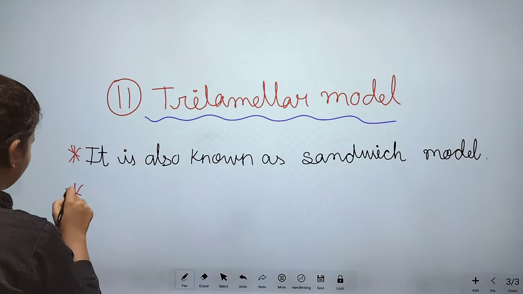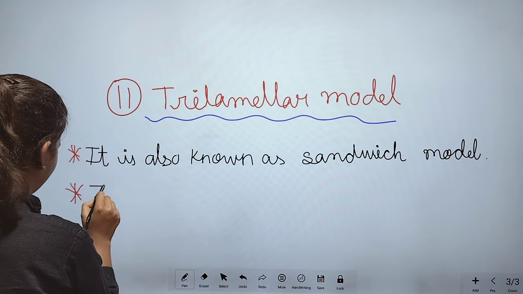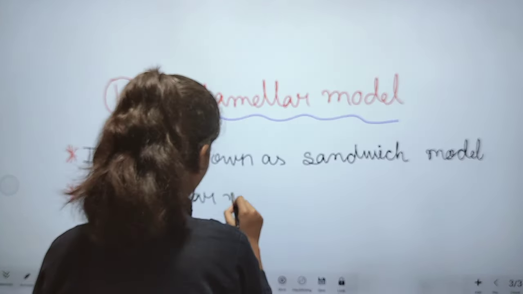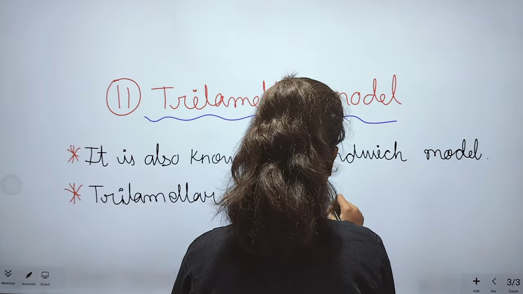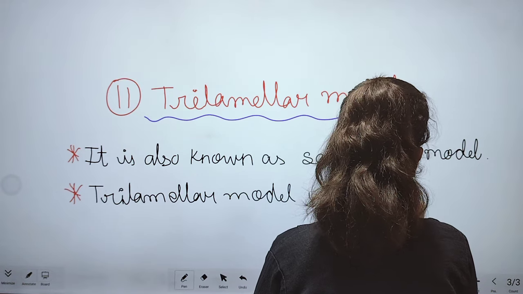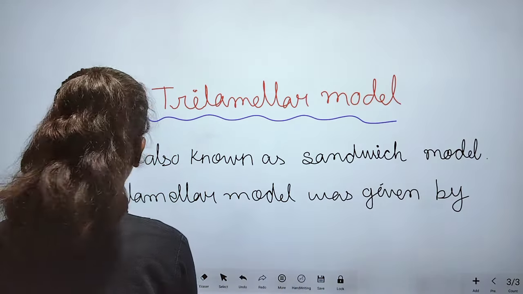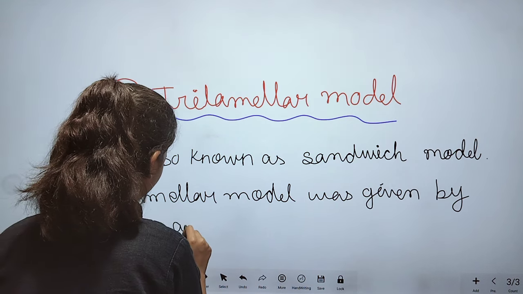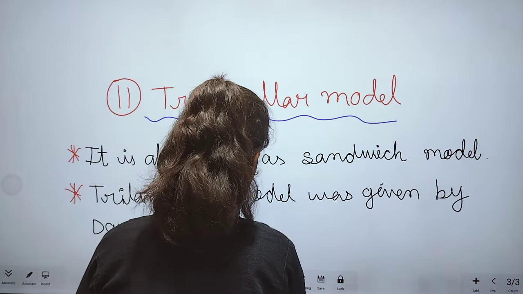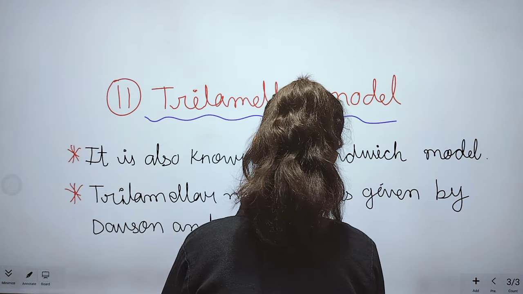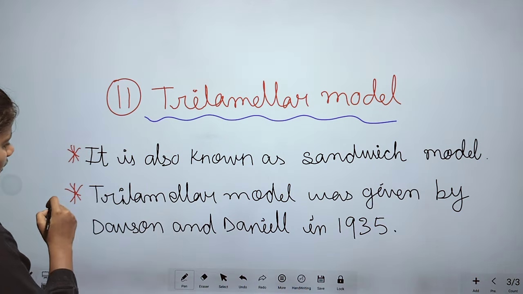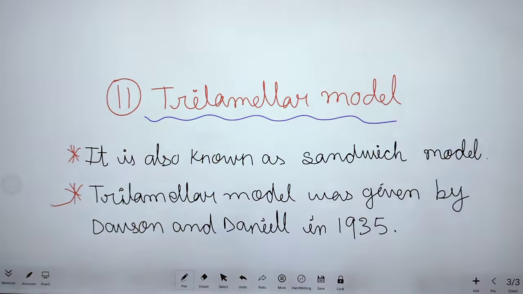And now our second point is that the trilamellar model was given by Davson and Danielli in 1935.